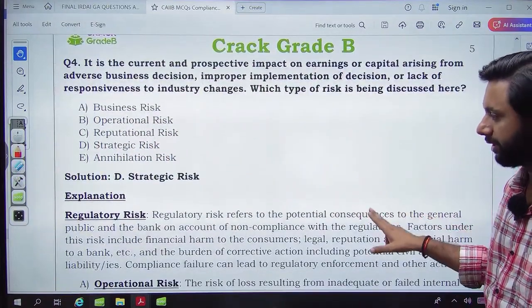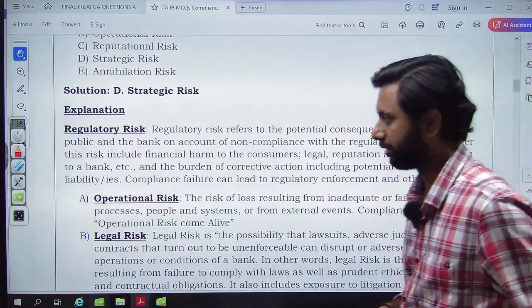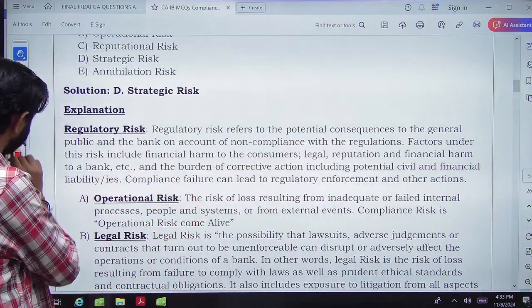Now we'll see a different definition. Regulatory risk, I've already told you कि regulation की वजह से अगर आप नहीं कर पाए तो वो दिक्कत है. Next, operational risk we have. So what do you think is operational risk?